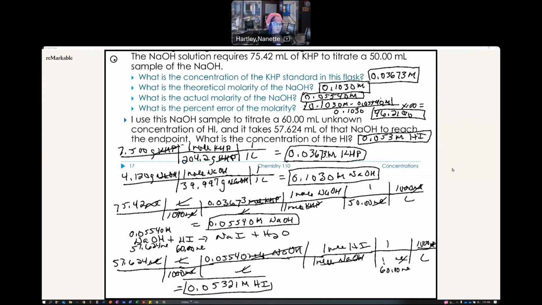I judge the numbers that I write down based on the number of sig figs that they have. And if I wrote it down as 60 and not 60.00, then I had the wrong number of sig figs. So that should be 4 sig figs, which is then 0.05321 molar HI, which then of course means that that's what I should be reporting here for it.